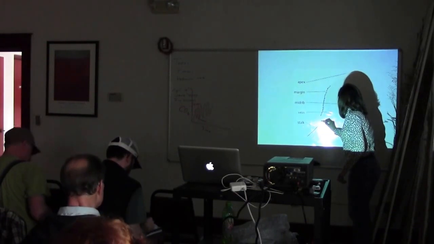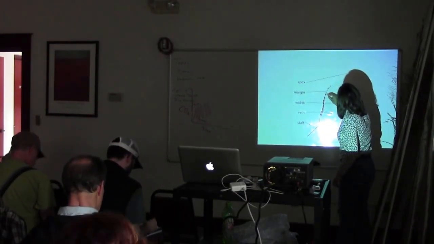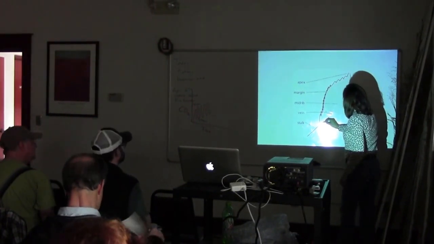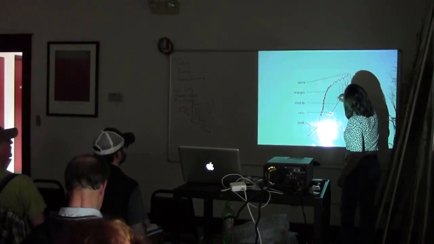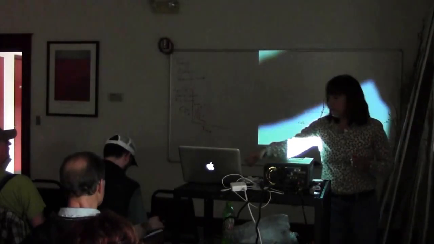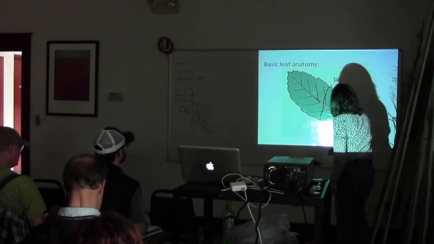We have the stalk, and then the blade, and this is showing the margin of the blade. Then we have a midrib, which is the largest center vein, and then we have side veins. So I wanted to show the basic structure. Here's another one that's a better picture.